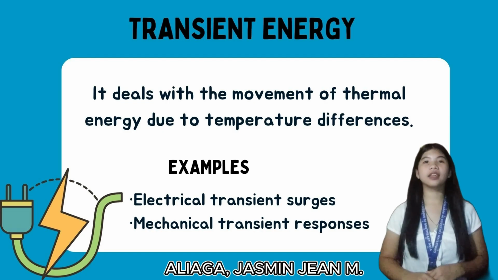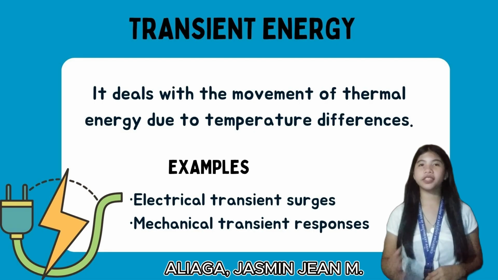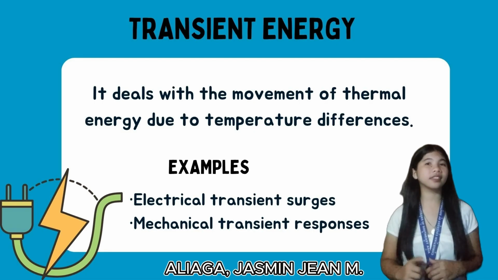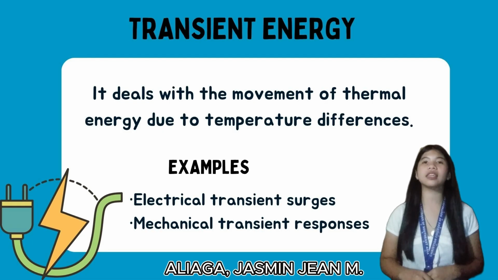For example, electrical transient surges induced on power or communication lines due to lightning or switching devices. Another example is mechanical transient responses when a system changes suddenly from one steady state to another, such as vibrations after a shock or impact.